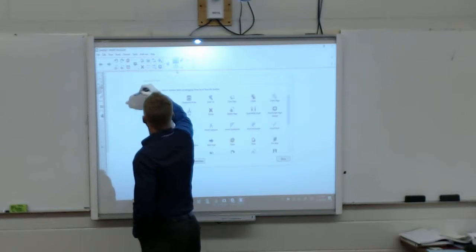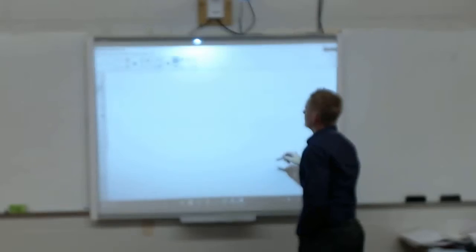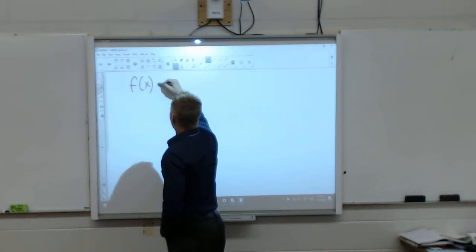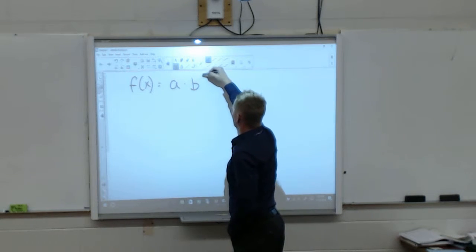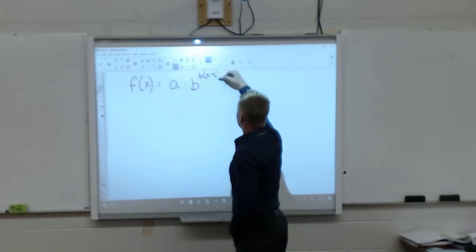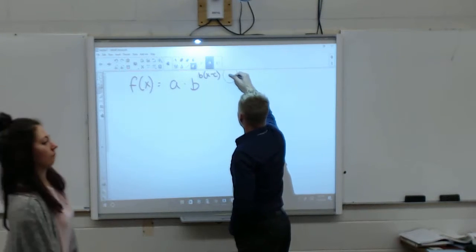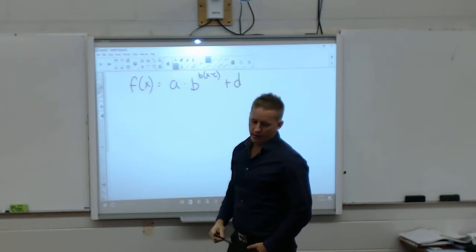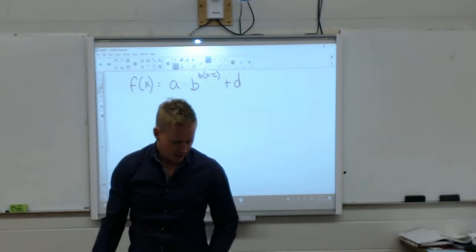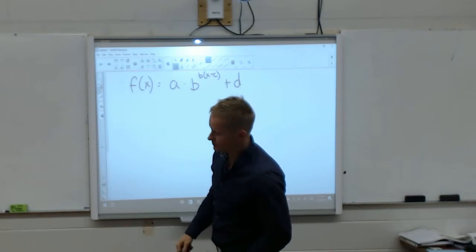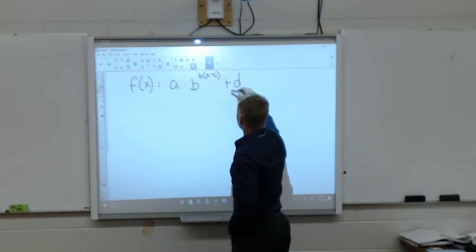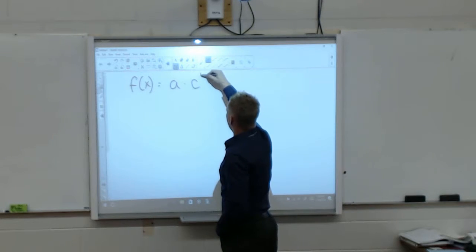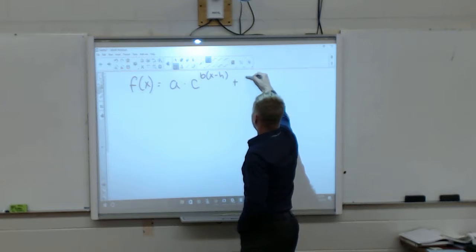So the standard equation for this graph, although we have two b's, they're actually using the same values that they use in grade 11 now. So it's y equals a times b to the power of (x minus h) plus k.